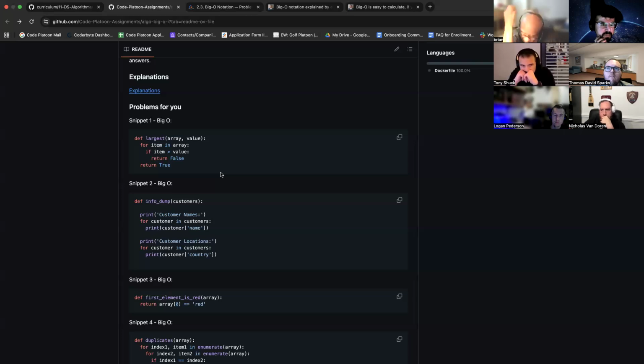If the item is bigger than the value, you return false. It checks every single element until that if statement is true. If it's never true, it just returns true. O of n.